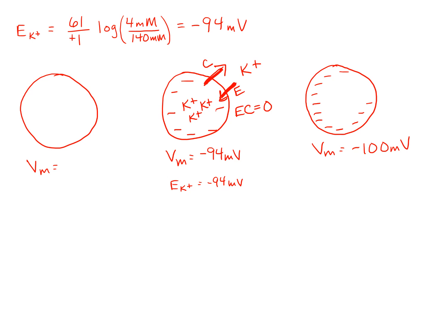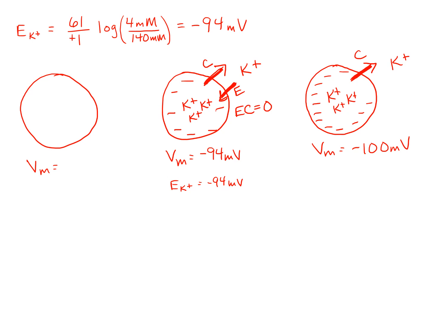So we're going to draw more negatives. The concentration of potassium, we haven't changed that. That stays the same. So our chemical driving force will stay the same strength. So that doesn't change. So we'll draw that the same thickness.